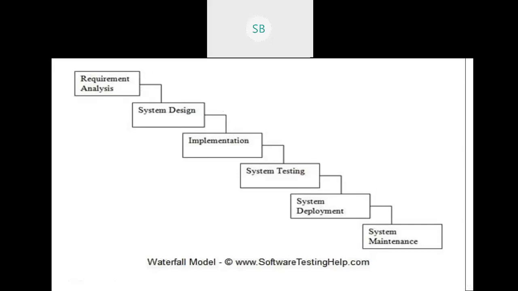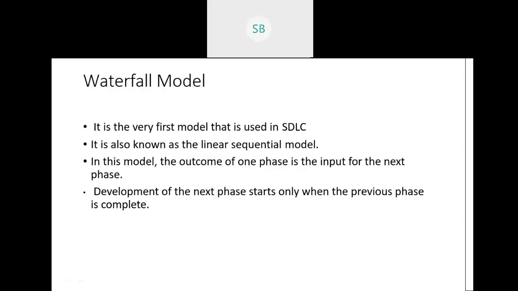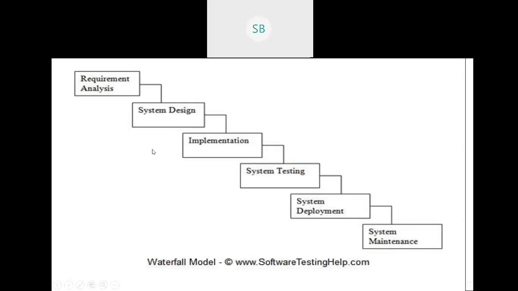It was a classical approach, the oldest approach used in SDLC when people started building software products. It is also known as the linear sequential model, because it follows a linear fashion.